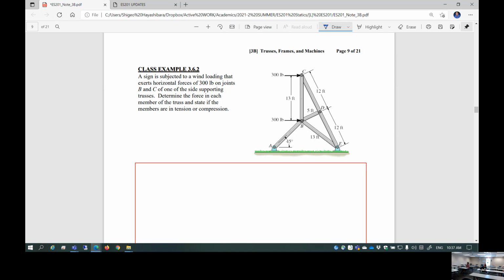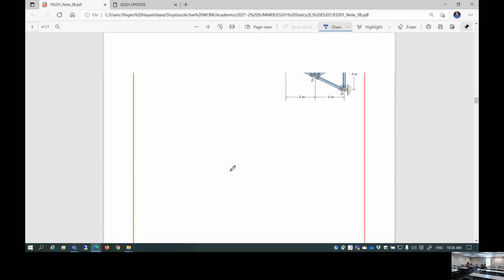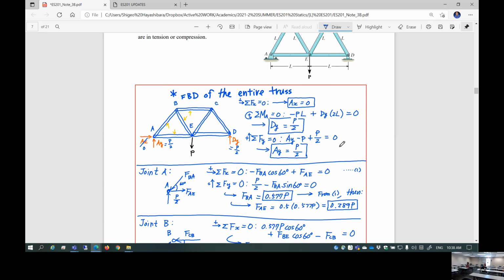Have you ever seen this kind of sign? Not sure. Determine the force in each member of the truss and state if the members are in tension or compression. Actually, did I state tension or compression in the previous one? Perhaps not, because I kind of knew this is compression or tensile.